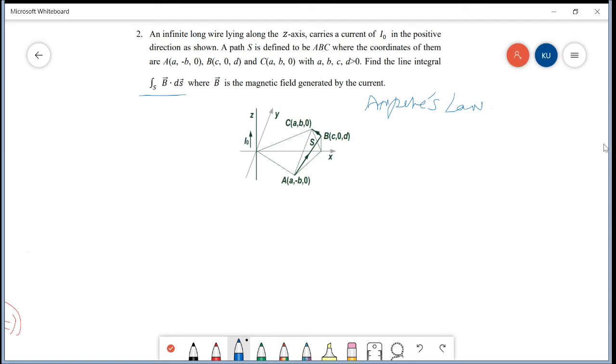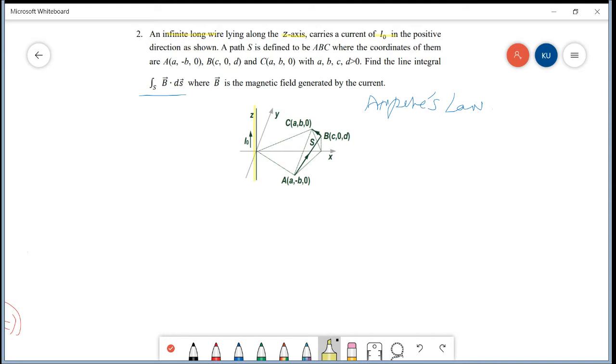So let's read the question first. An infinitely long wire along the z-axis, going to infinity, carries a current I0 in the positive direction as shown.